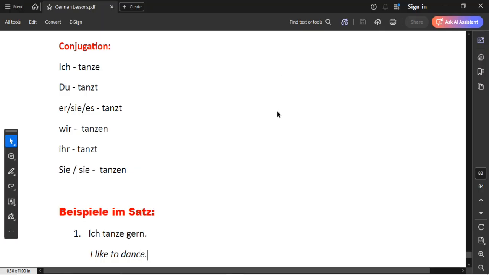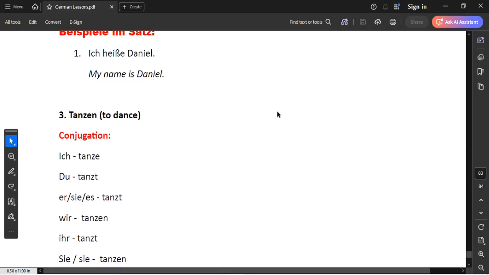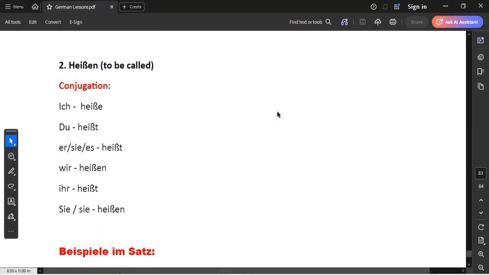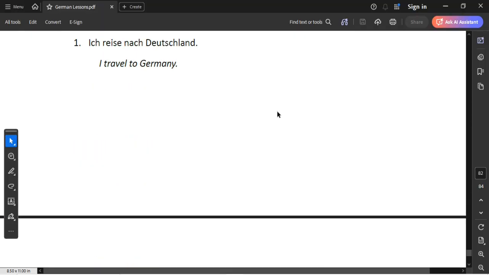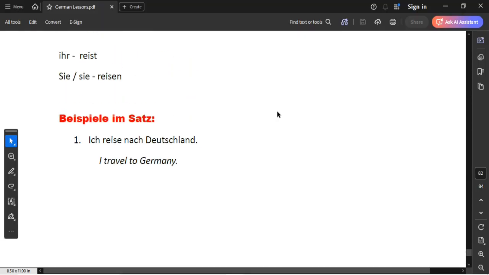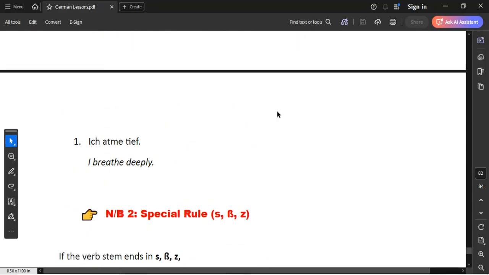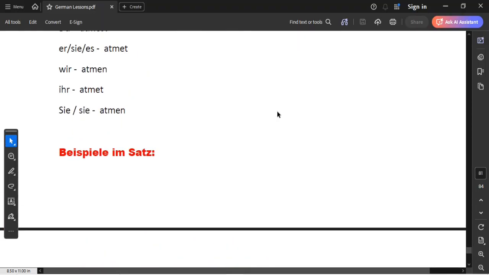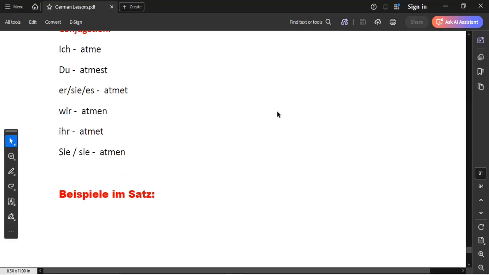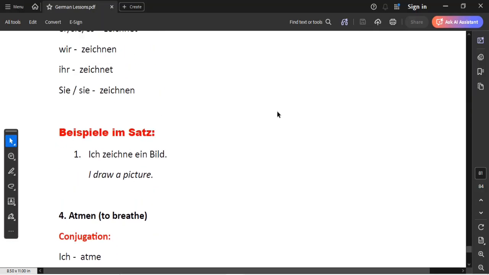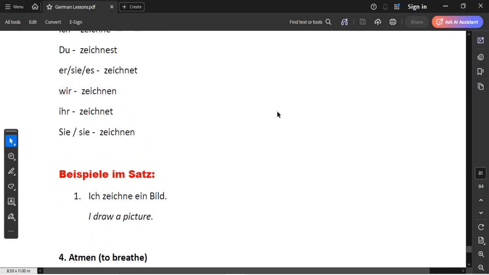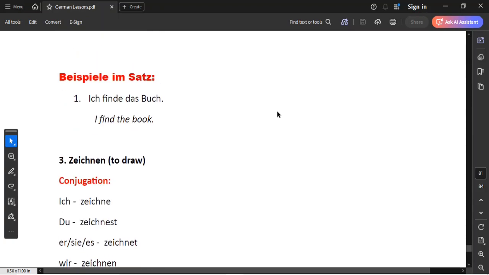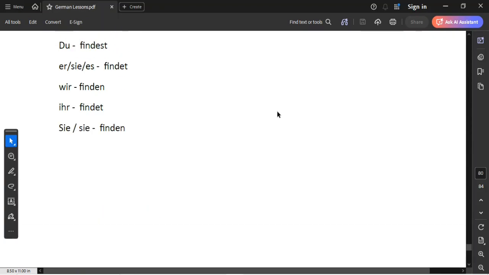Now, having done that, that marks the end of today's lesson. Today we were just looking at regular verbs, and in our next lesson, we shall be looking at irregular verbs. Still, it will be on verb conjugation. It's my hope that you have understood something in today's lesson.